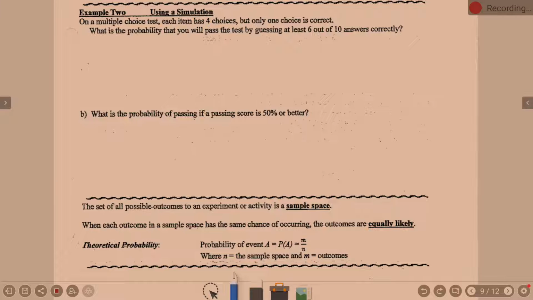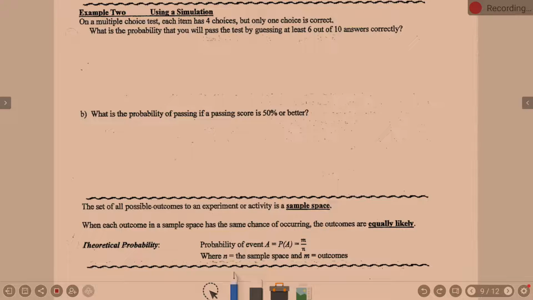We normally think A, B, C, D, right? But instead of A, B, C, D, a simulation usually generates 1, 2, 3, 4. Our calculator is going to generate numbers. And so we're going to say 1 choice is correct, so 1s are the correct answer. Maybe it's an A here, maybe it's a B here, but how many times is that happening? We're going to go through this 20 times.